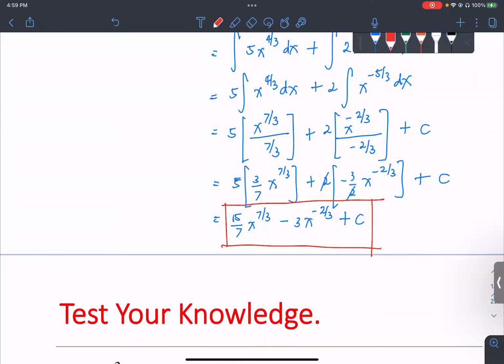Fifteen over 7 x raised to 1/3. So kulang lang yung sa ano, no? Mali yung pangalawa.